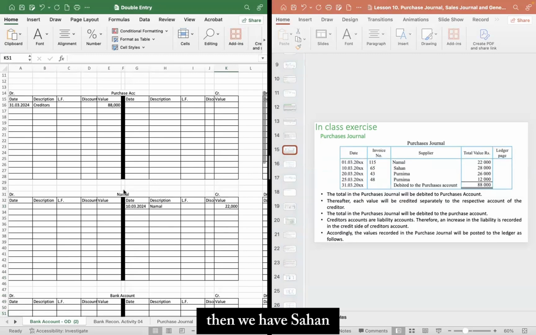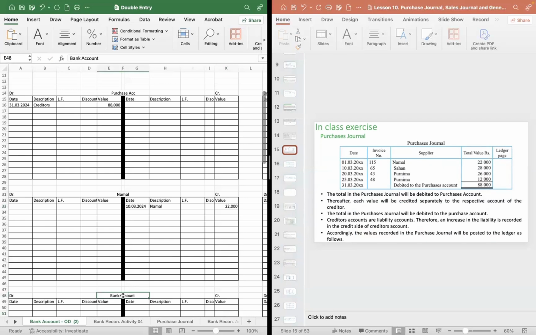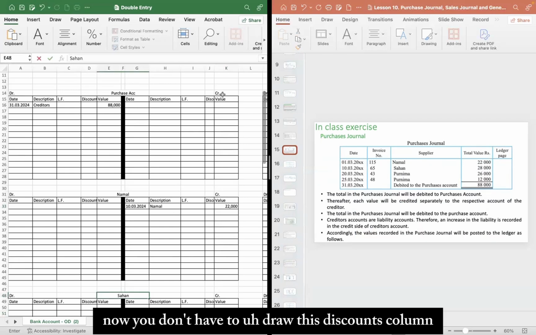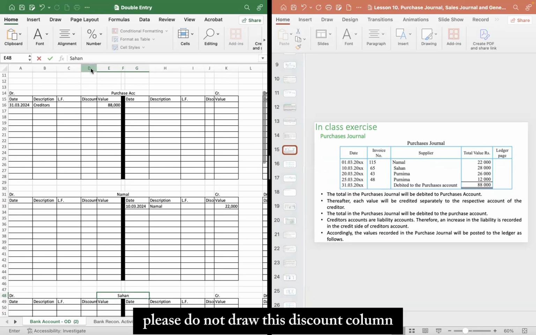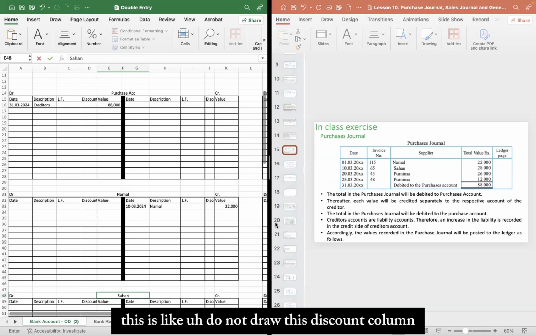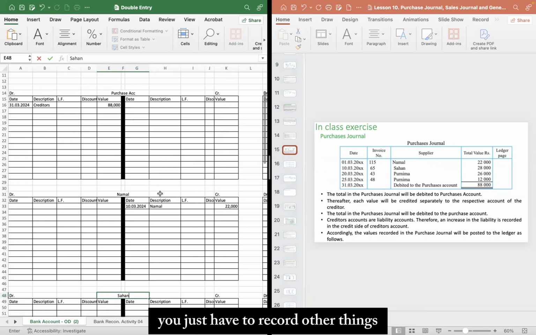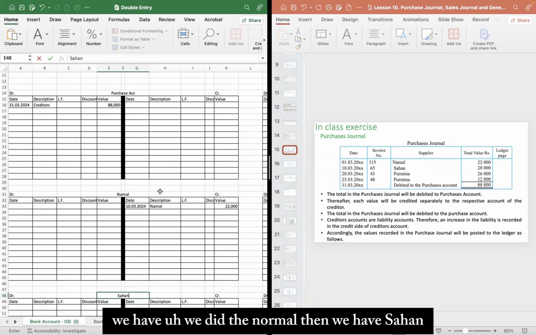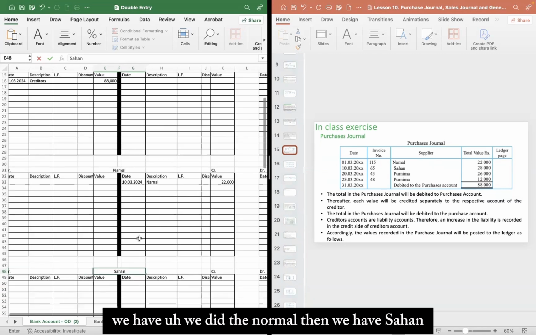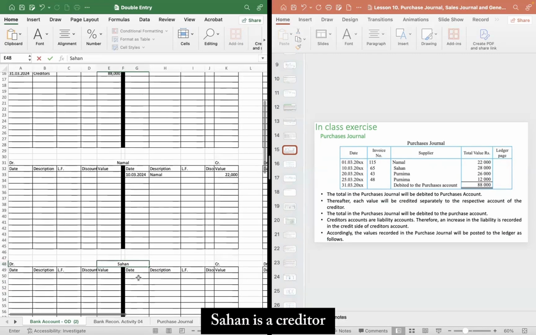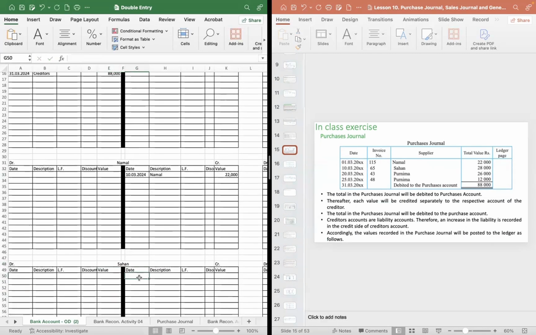Then we have Sahan. Now you don't have to draw this discounts column. Please do not draw this discounts column. You just have to record the other things. Then we did Namal. Then we have Sahan, who is a creditor.